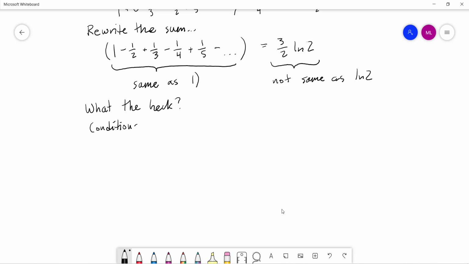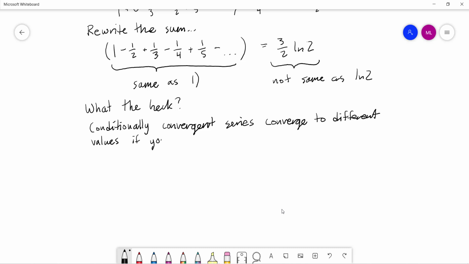Conditionally convergent series converge to different values if you rearrange terms. Right? We just did a little bit of manipulation.